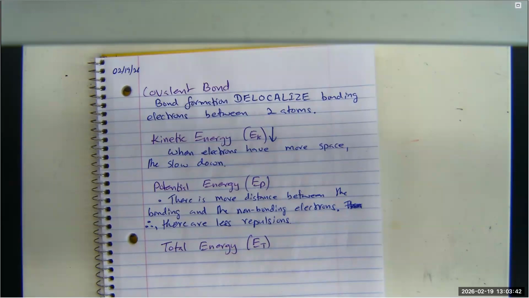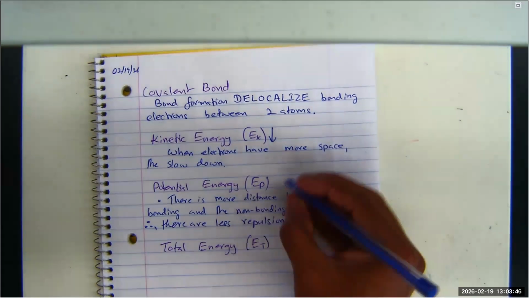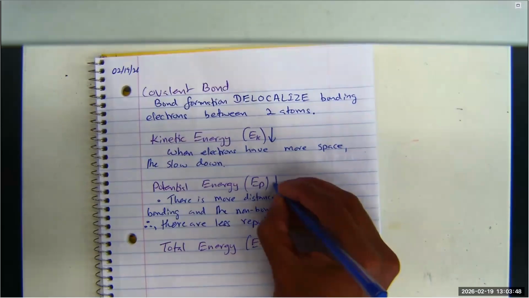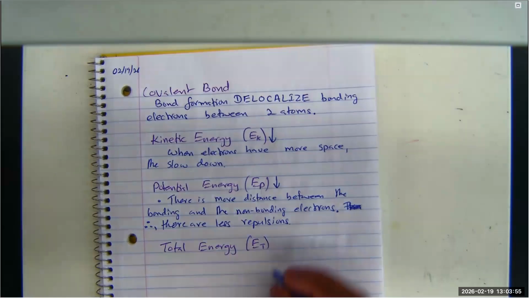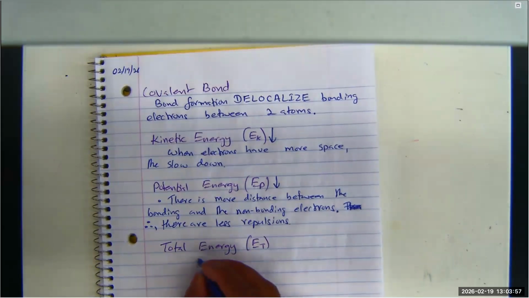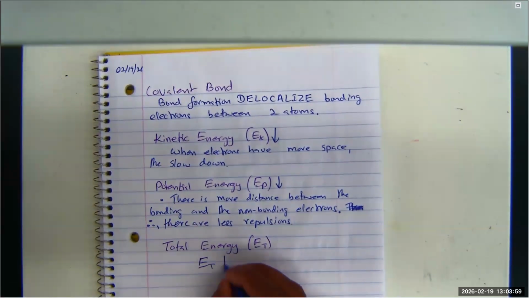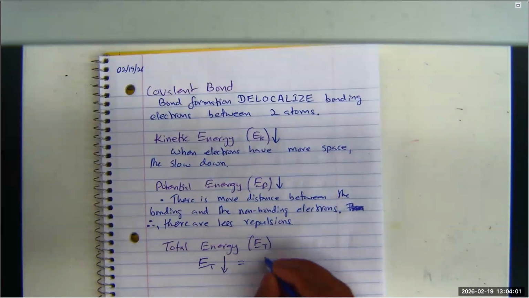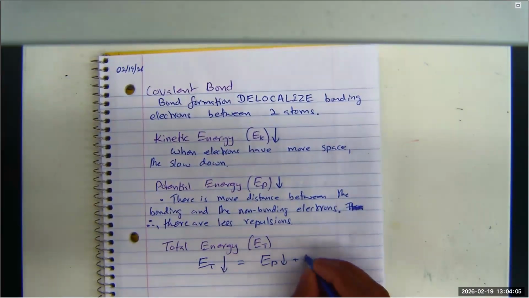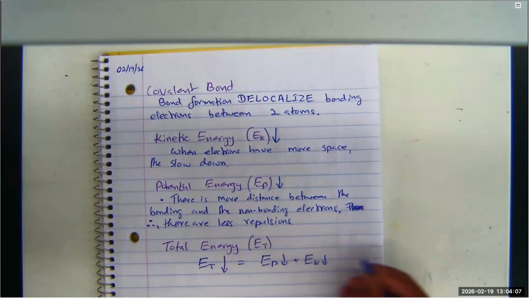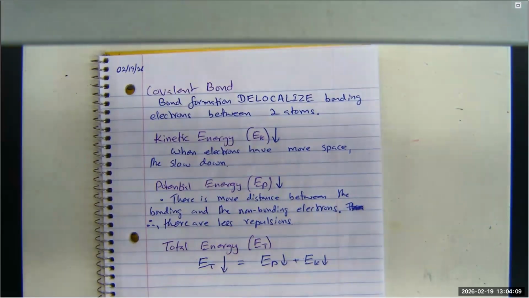All right. Now the cool thing here is that both potential energy and kinetic energy decrease, and there's no doubt the total energy must decrease. The total energy, or let's say E total, is the sum of potential energy, which decreases, and the kinetic energy, which also decreases. Therefore, the total energy must decrease.